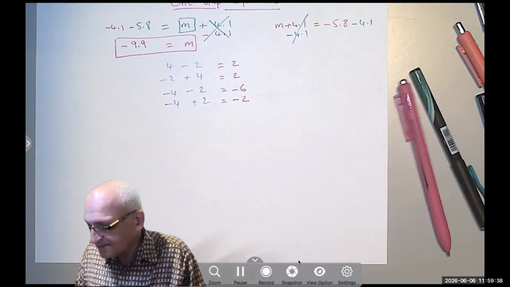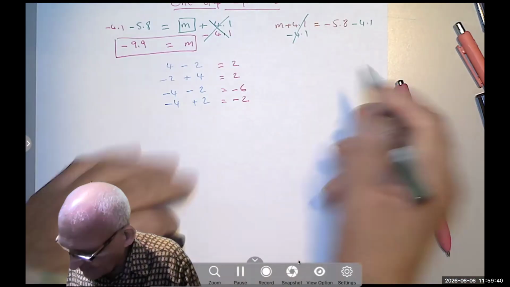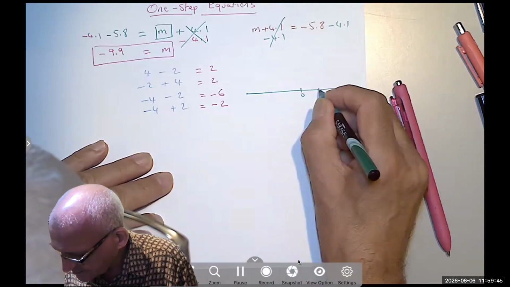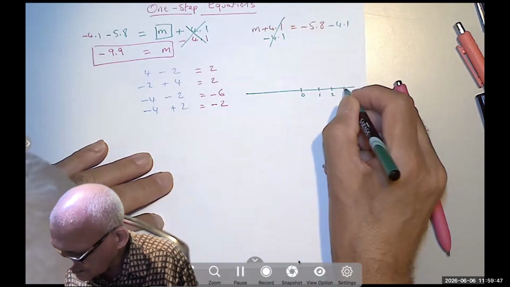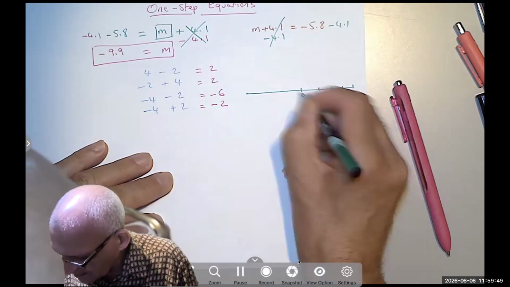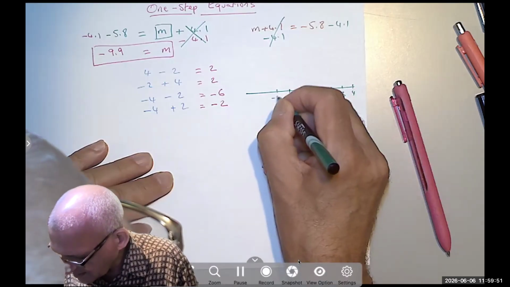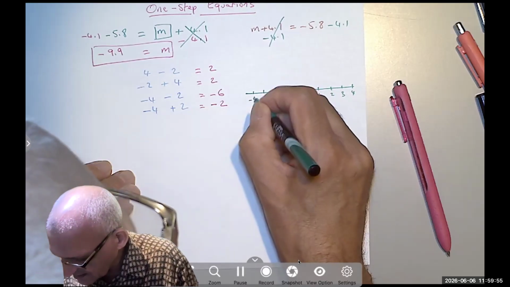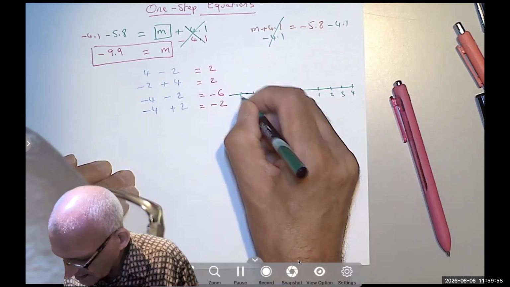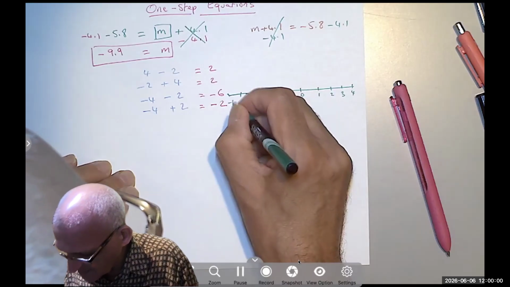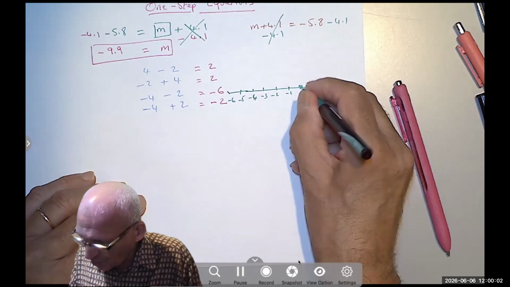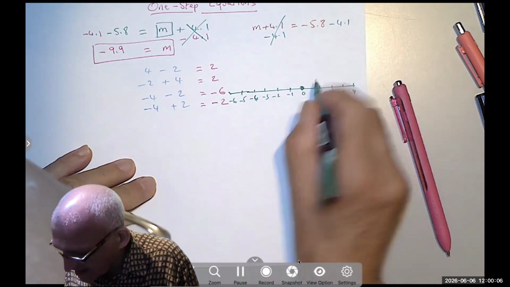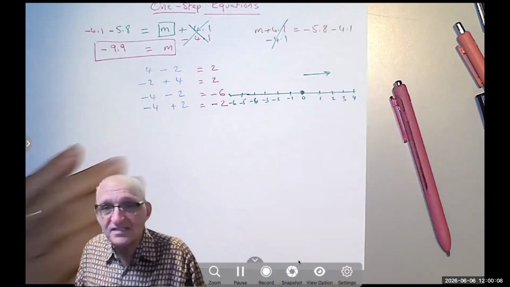Another way to do it is to think of a number line. Maybe I don't have enough space because we have a negative 6 here. Okay, negative 5, negative 6. We start always at 0, and we start always facing the positive.